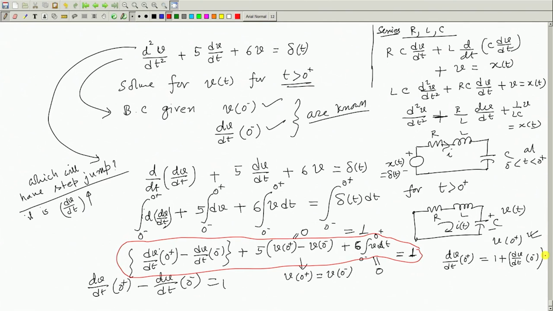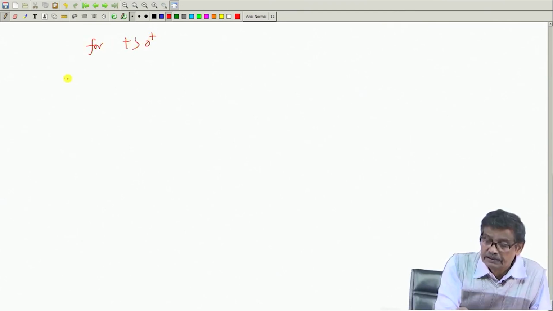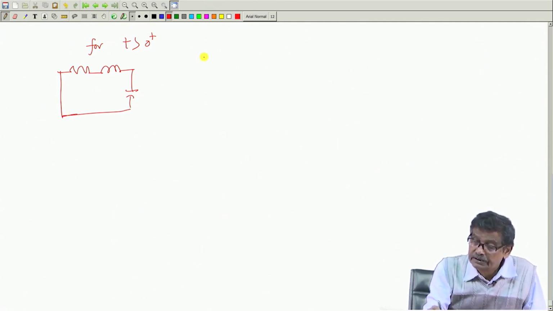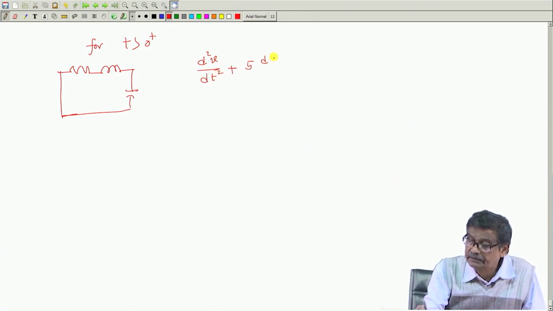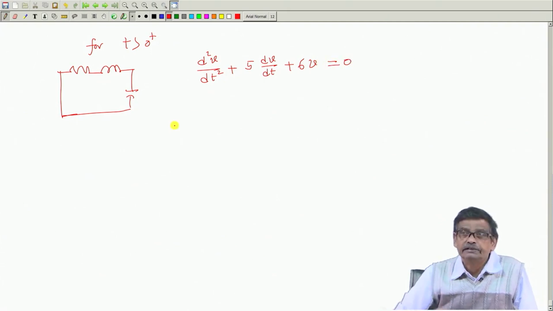I can solve. So, for t greater than 0 plus, the circuit was like this. It was shorted, and the equation was d2v dt2 plus 5 dV dt plus 6v equal to 0.